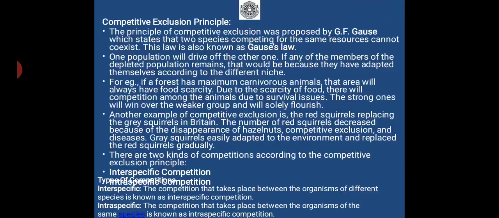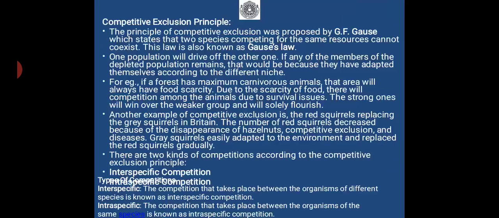There are two kinds of competition according to this competitive exclusion principle. One is interspecific competition, another is intraspecific competition. Interspecific competition is the competition which takes place between organisms of different species, while for intraspecific competition, the name itself suggests: intra means within and inter means between.